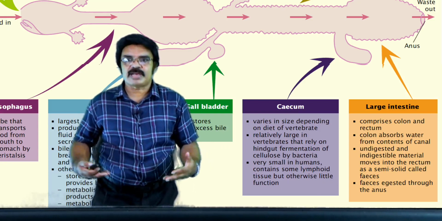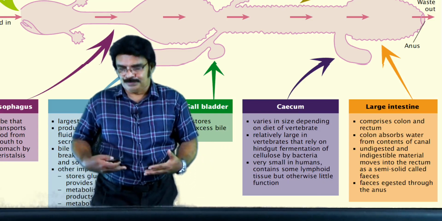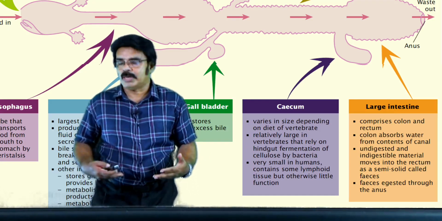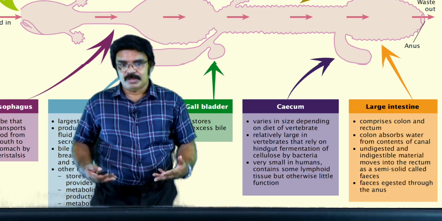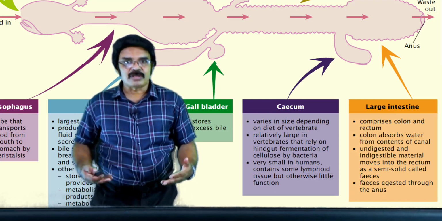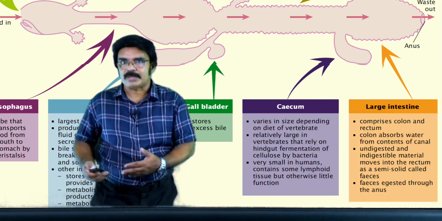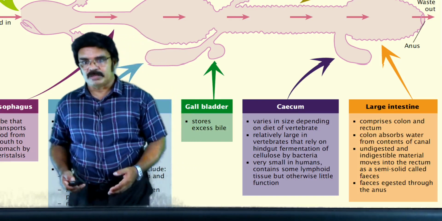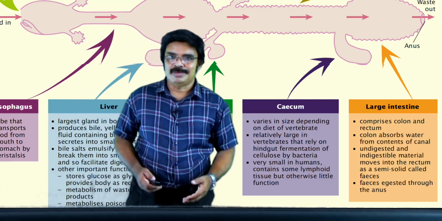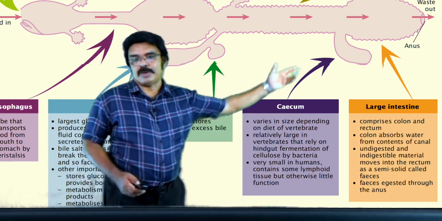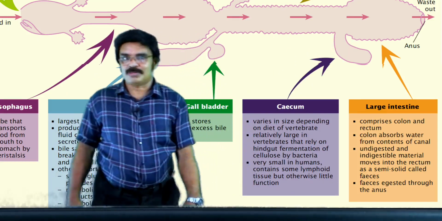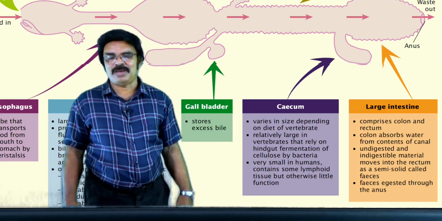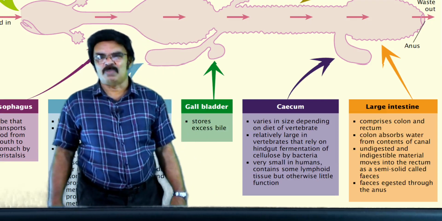For digesting cellulose, they have bacteria in their stomach. There are also non-ruminant mammals, for example rabbit and horse. They digest cellulose, but their bacteria are in this particular part called the cecum. So in these animals the cecum is really large, but in human beings it has no big value.